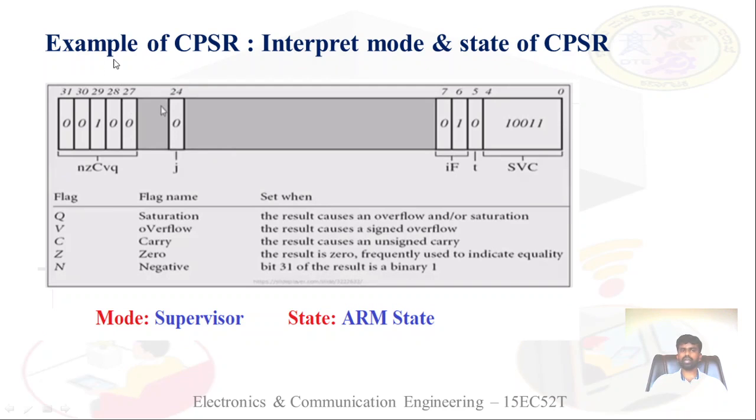Okay, there is one example of a CPSR. You have to interpret in which mode and which state the processor operates. The control field of the CPSR will help to interpret the mode and state. In the control field, bits 0 to 4 are the mode bits.